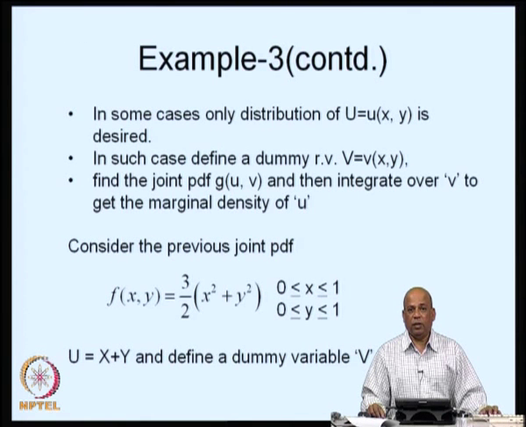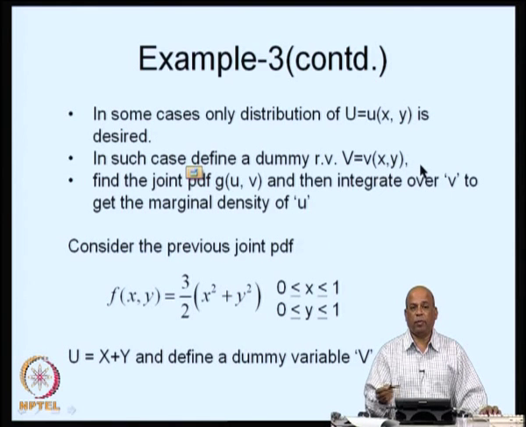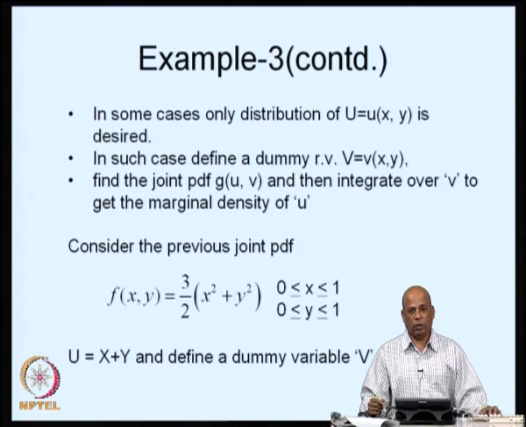In such a case, we introduce a dummy variable v is equal to v of x comma y, some convenient function we introduce, and then follow the same procedure as we did just now for the two functions u and v, and obtain first the joint density function g of u comma v, and then we integrate over v to obtain the density of u.